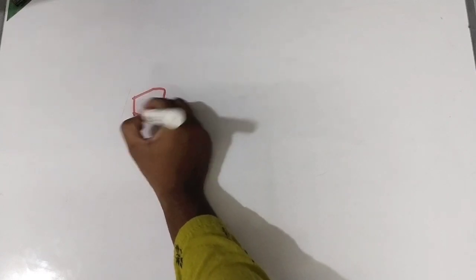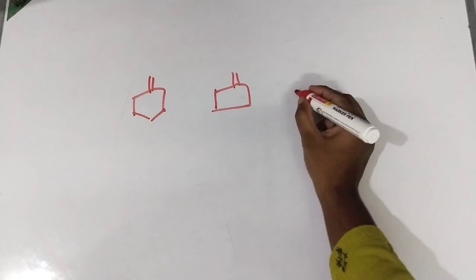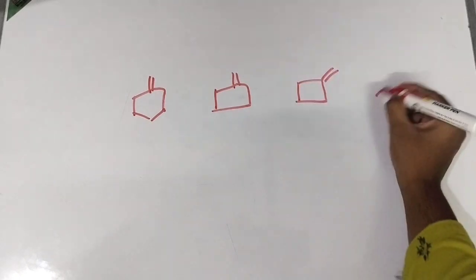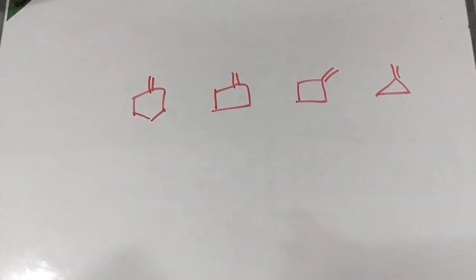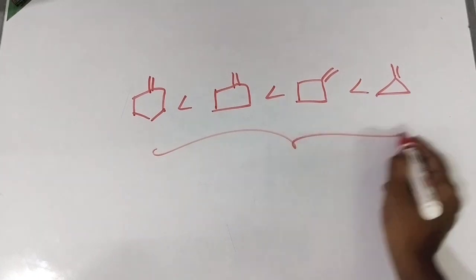Now I have given you the example as ketone, right? Now I am going to give you another example. You just predict which will have higher frequency. Among these four, which will have higher frequency? Obviously this one, because the same concept is applicable here.